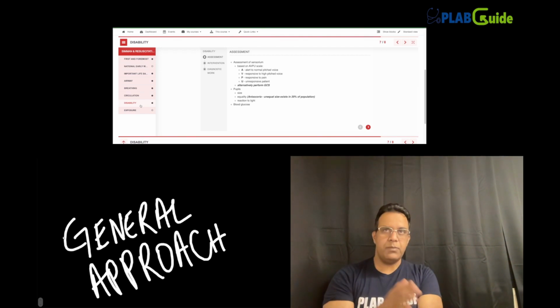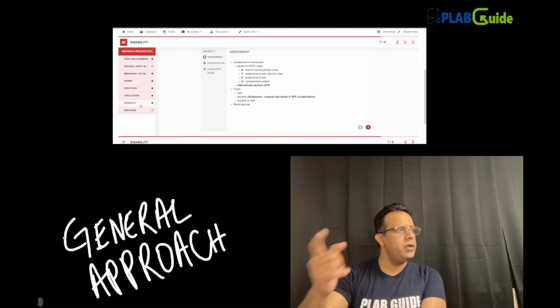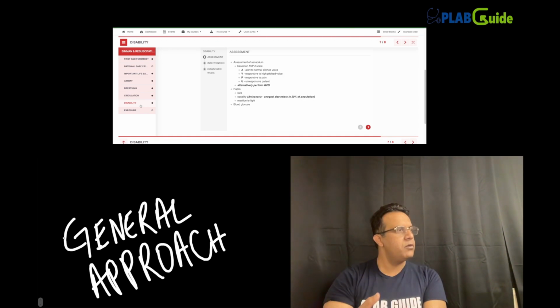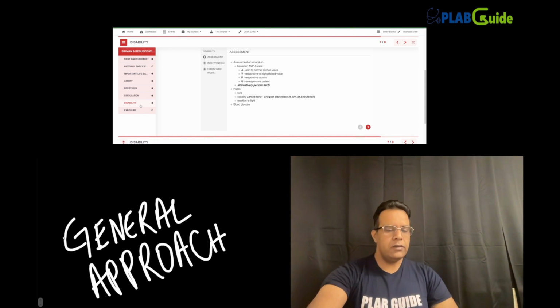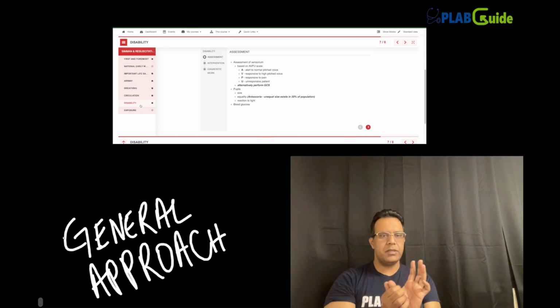However, the rule is before we move forward, we need to go back to A, reassess the patient: reassess from A to D, and then you move forward to E. E is mainly reserved for the patient's assessment, looking for any ulcer, any bed sore, any cellulitis.